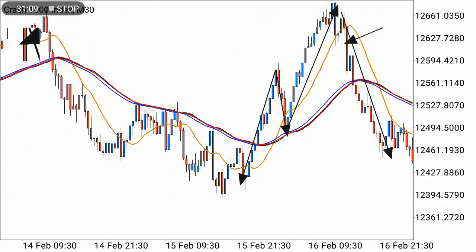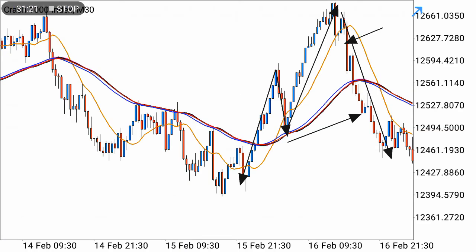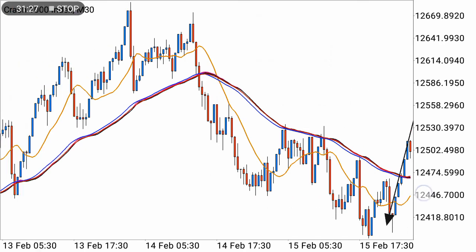Entry point, take profit, stop loss. How do we trade the M and W?